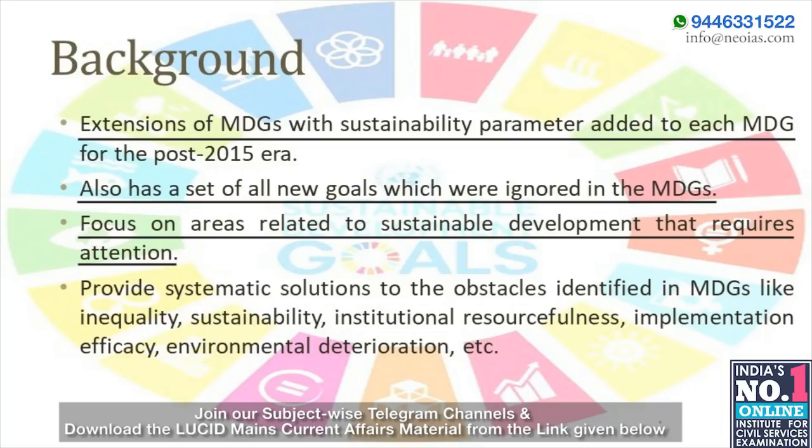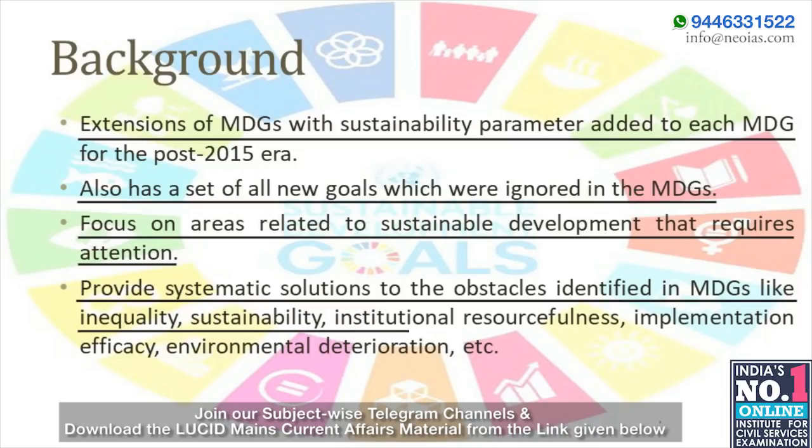The SDG framework helps to provide systematic solutions to the obstacles identified in case of MDG like inequality, sustainability, institutional resourcefulness, implementation efficacy, environmental deterioration, etc. Thus, Sustainable Development Goals are expected to upgrade the positive outcomes of MDG.